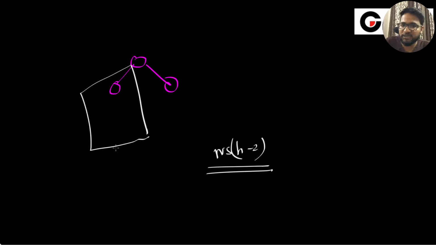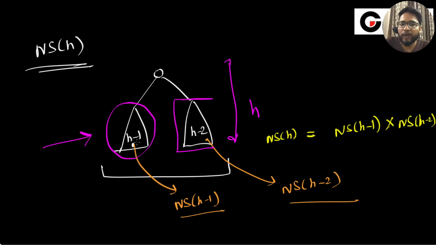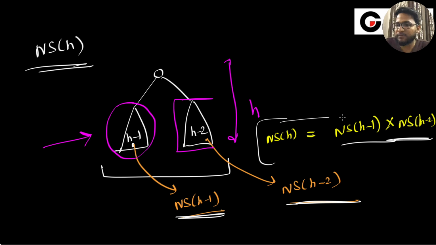You just fix this structure and for height h minus 2, either you can have this, so this is 1, or instead of this you can have this, something like this. This is 2. So for every left hand subtree, you will have NSH minus 2 right hand subtrees, which means for NSH minus 1 subtrees on the left hand side, on the right hand side you will have NSH minus 2 subtrees. That's why I'm multiplying, I'm not adding. There is no point in adding, right? So NSH equal to NSH minus 1 into NSH minus 2. This is our final formula.